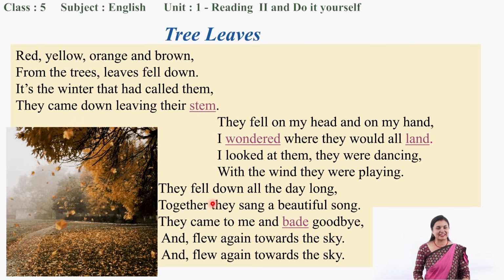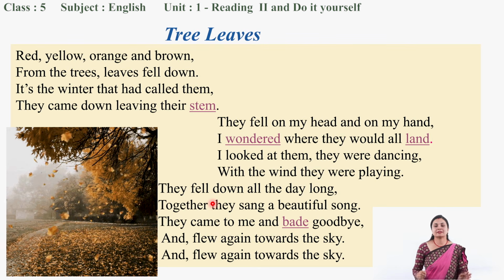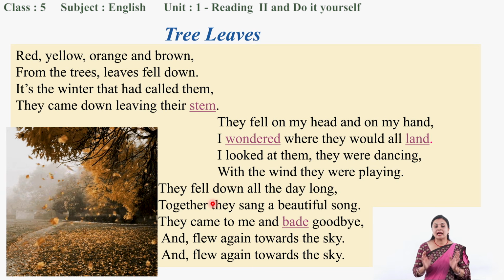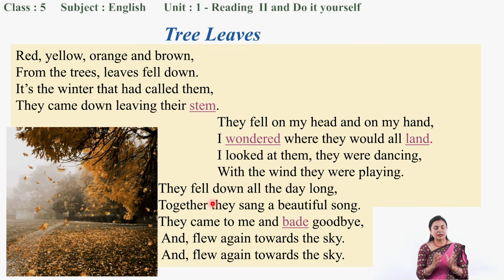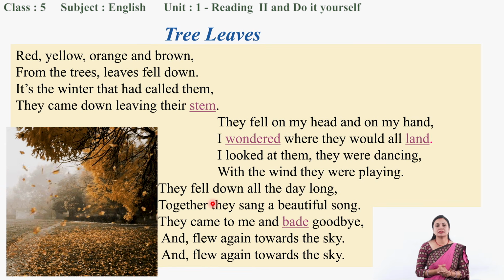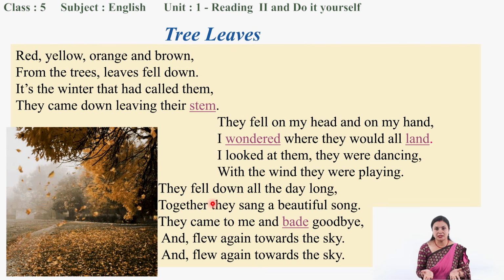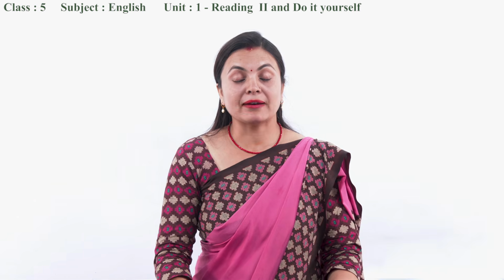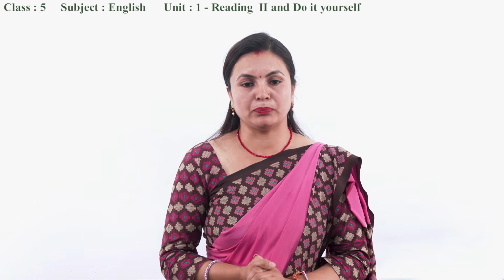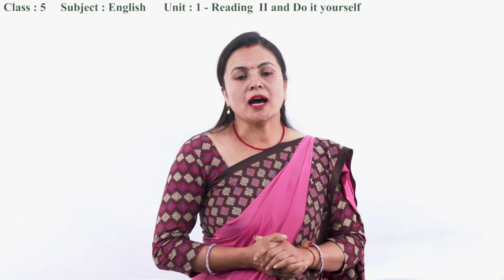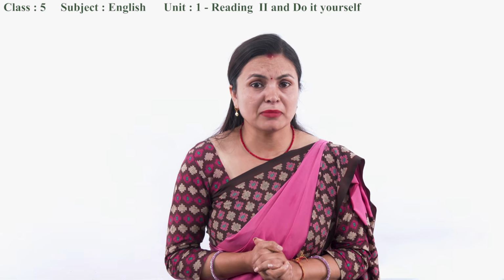That's correct. So that is all about tree leaves. We have already talked about lots of things about the leaves. What kind of colors does it change when the season changes? We have already talked about lots of things about the poem. Now, do you know something about rhyming words?